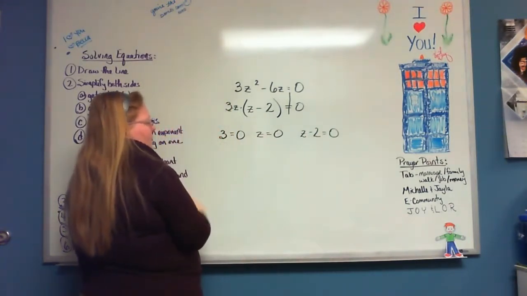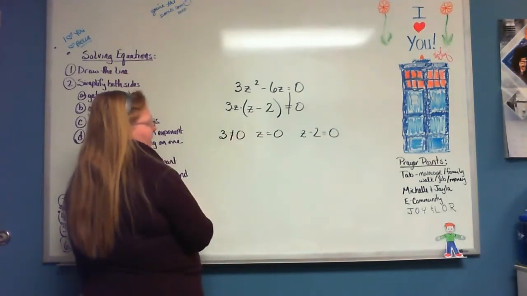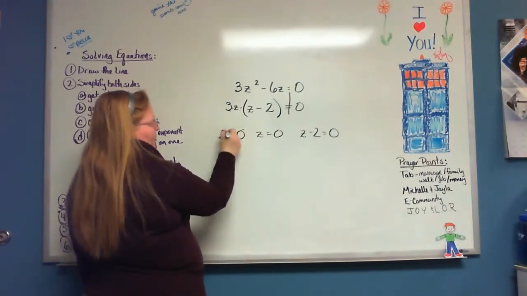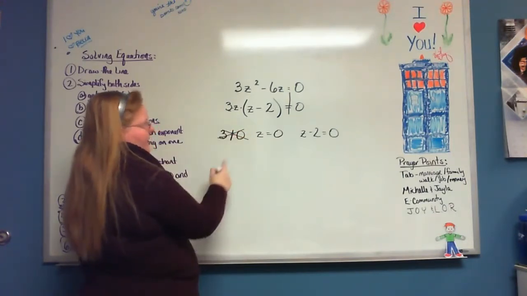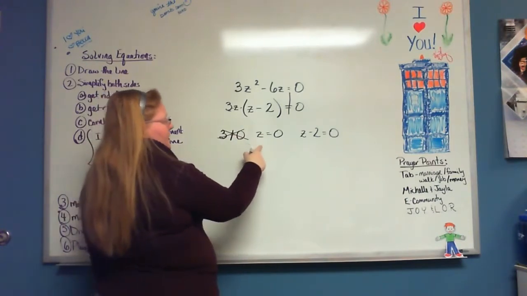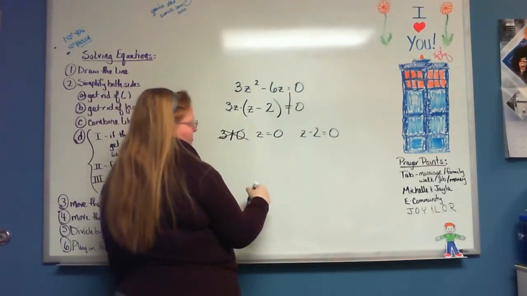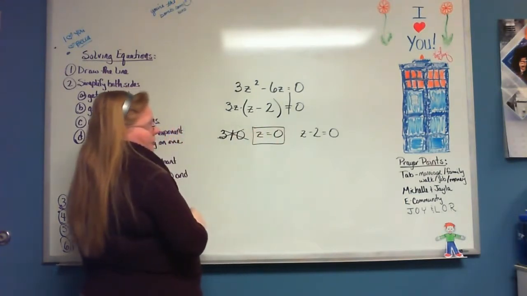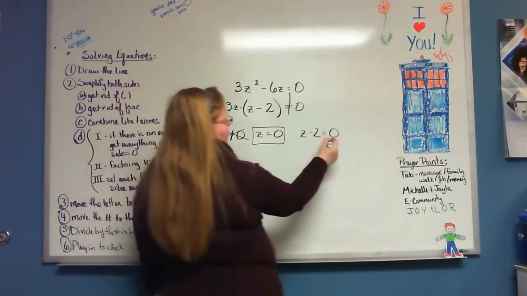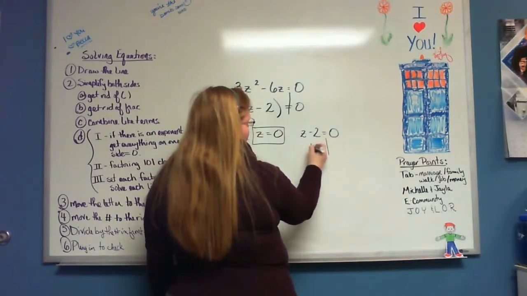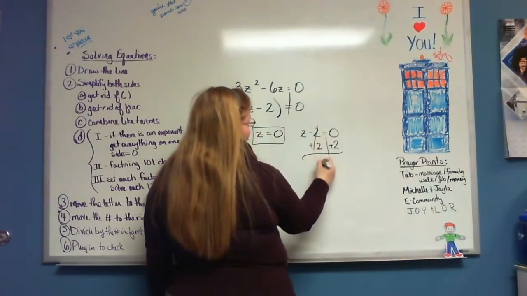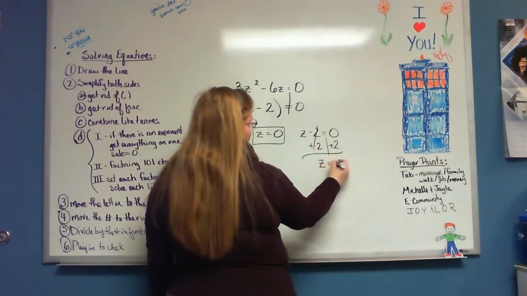Can 3 ever be equal to 0? No, it doesn't happen. So since it doesn't happen, then we know that this isn't going to be one of our answers, because that could never happen. Can z equal 0? Yes. That one can work. And then z minus 2 can equal 0 if z is actually 2.